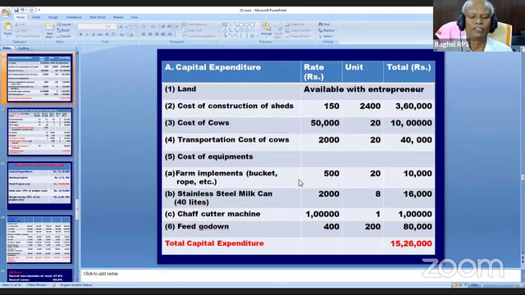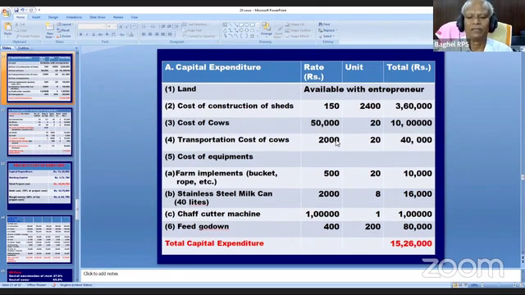For example, here you can see this is capital expenditure. Land is certainly available with the farmer. Then the cost of construction offset, as per the assumptions I have told, at this rate the cost can be prepared. Cost of cows, 50,000.